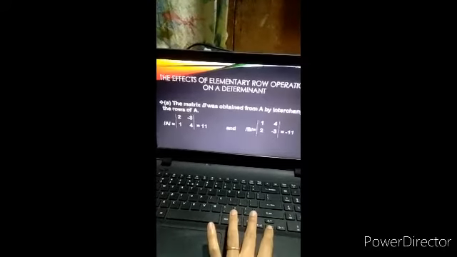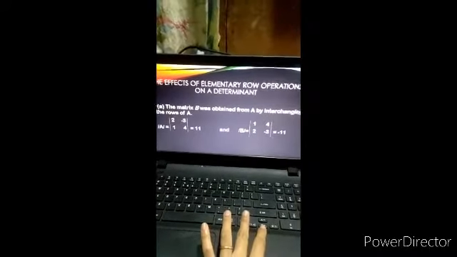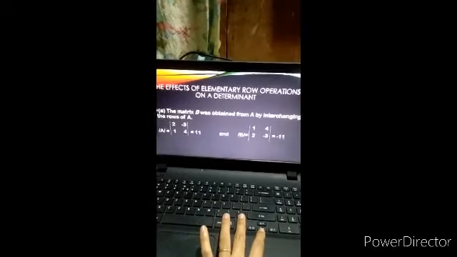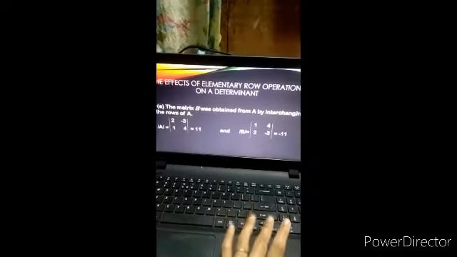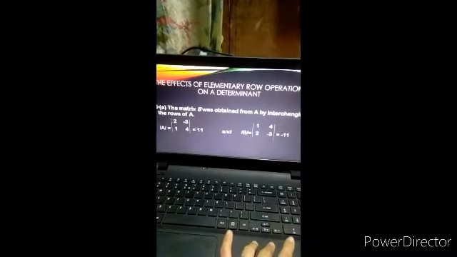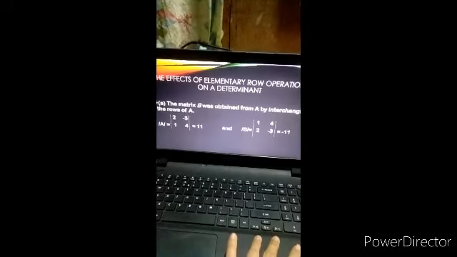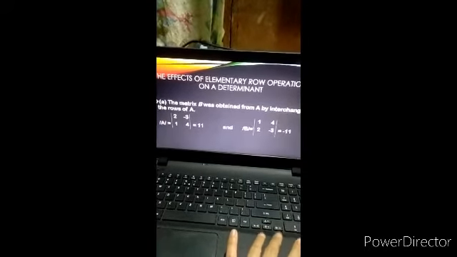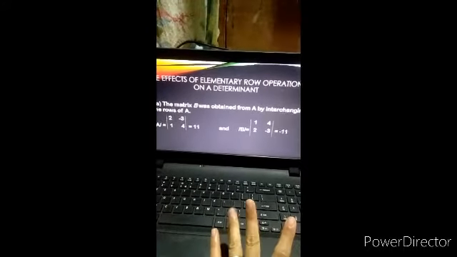The first one is that the matrix B was obtained from A by interchanging the rows of A. So what will happen here is we need to multiply and then subtract.